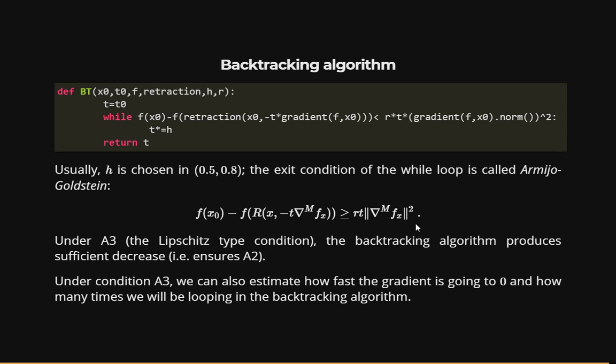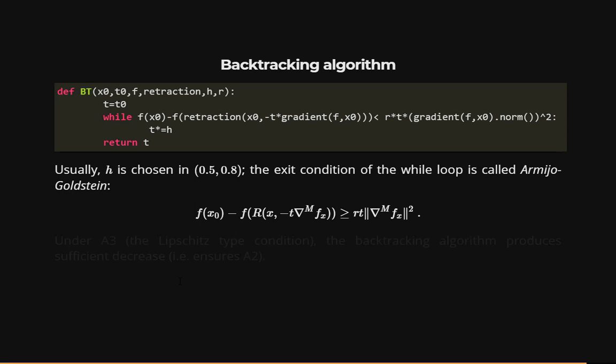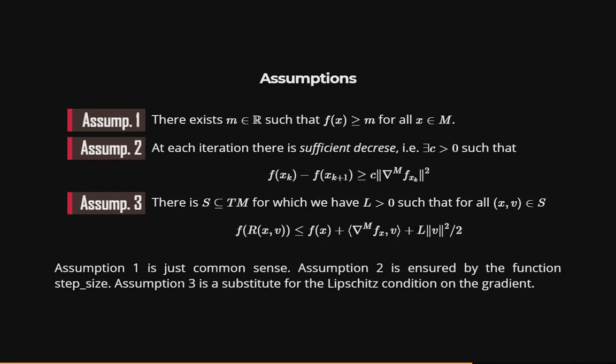So up to now, every retraction works. The difference is that in principle, the retraction plays a role when you prove things like that. If you want to pass from this condition to the global sufficient decrease, you need to have some control about the retraction. Also, the third assumption involves the retraction.